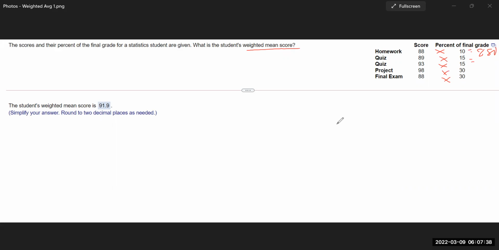And then when we do 89 by 15, what do we have? 89 by 15 will give us 1,335. Okay, then we do 93 times 15. 93 by 15 will give us 1,395.